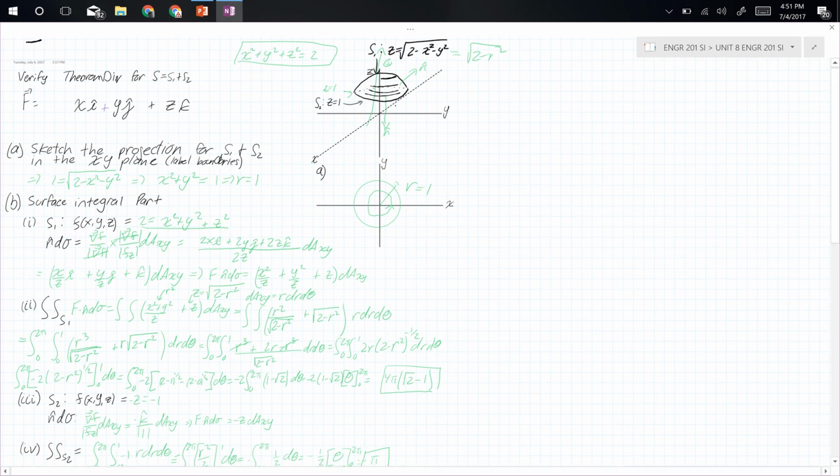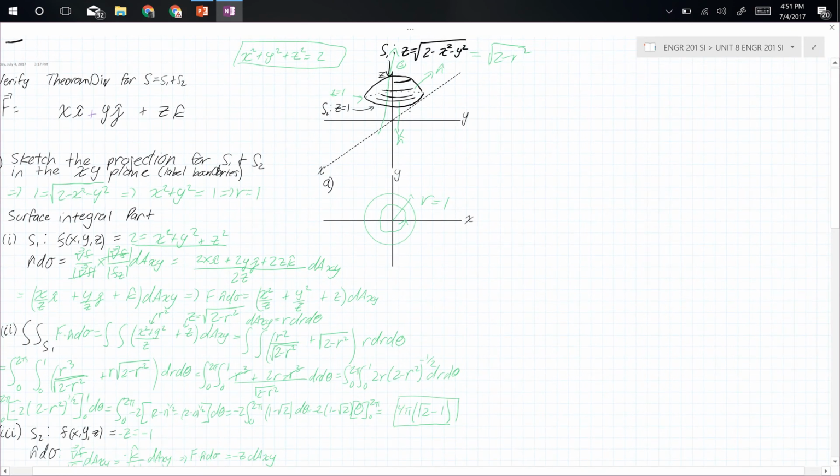Overall, things to look out for are your n hat directions, because that's important in deciding the sign of whatever surface integral you're doing. And also memorize the equations for n hat d sigma, and know how to make your function equal a constant.